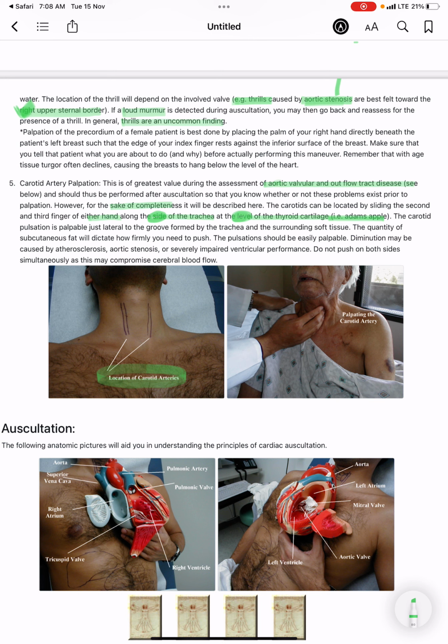So the carotid pulsation is palpable just lateral to the groove formed by the trachea and the surrounding soft tissue. So the quantity of subcutaneous fat will dictate how firmly you need to push.